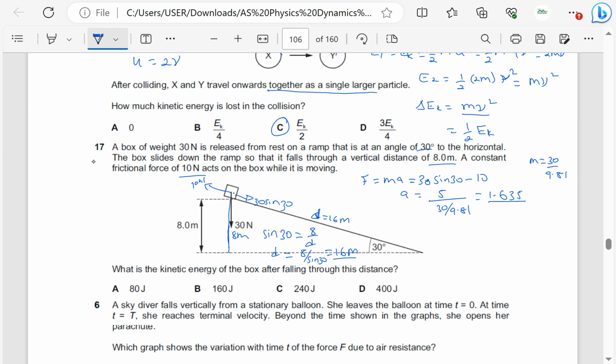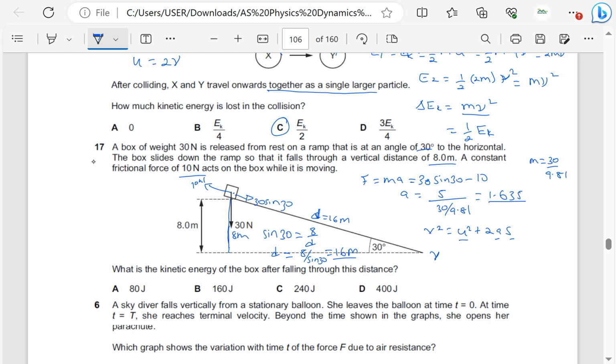I can use another equation of motion such as v squared equals u squared plus 2as. If it starts from rest, then u is 0. I have the acceleration. I have s. So I want the kinetic energy at the end.